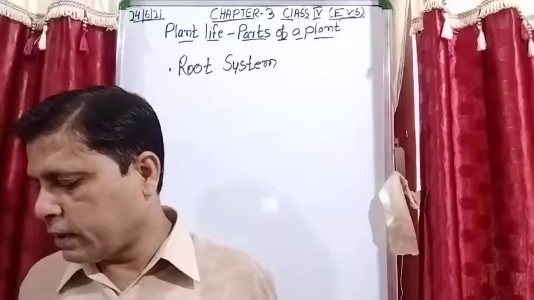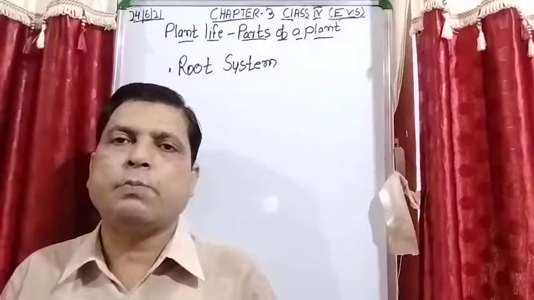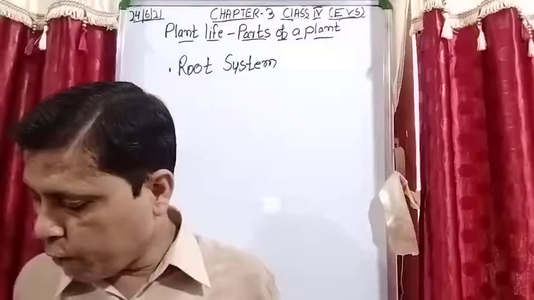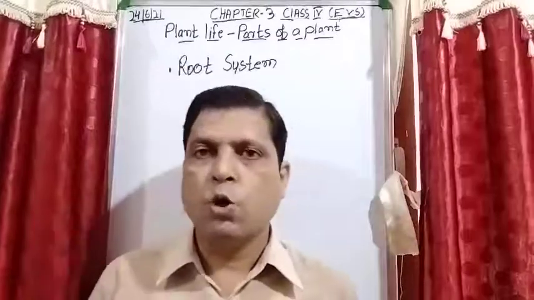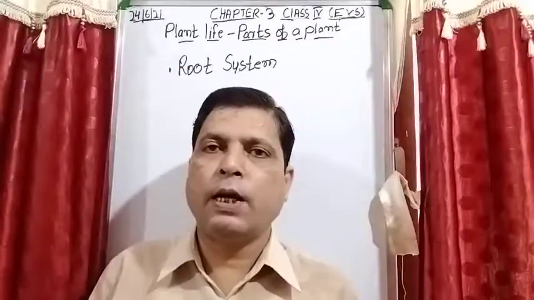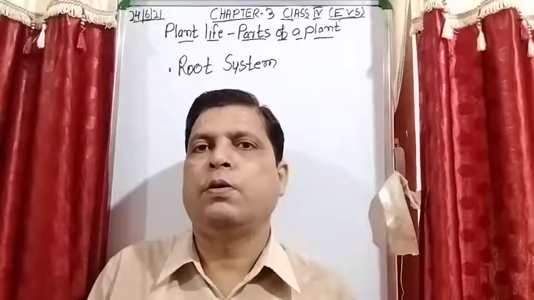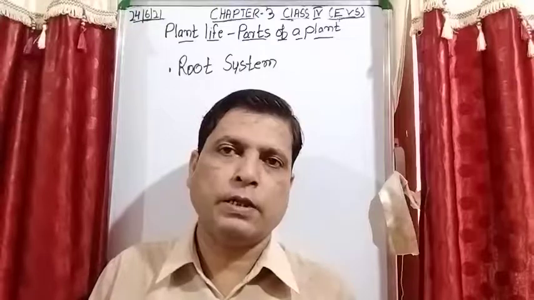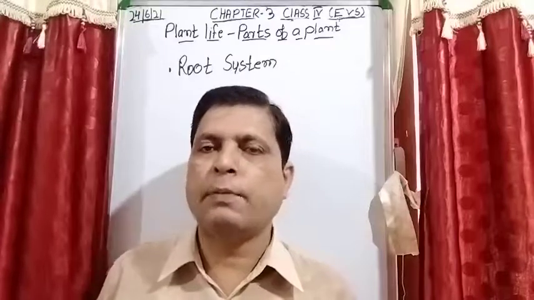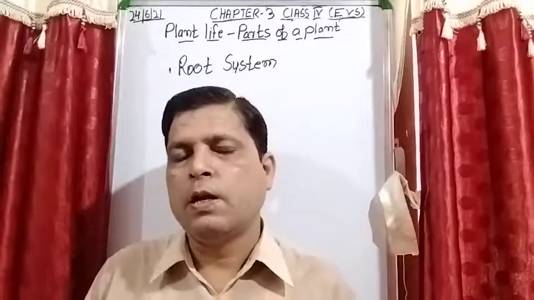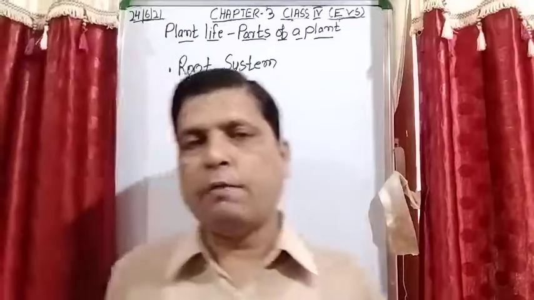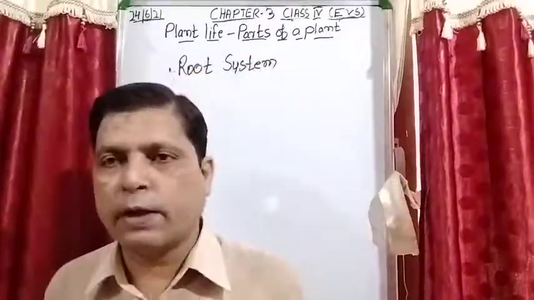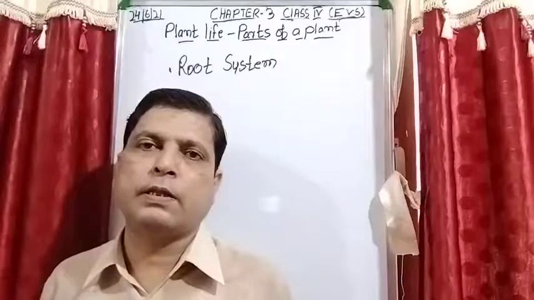Next is photosynthesis. I have already explained to you the process of making food by leaves using carbon dioxide and water in the presence of sunlight and chlorophyll, which is known as photosynthesis, and I have explained the whole process in detail.